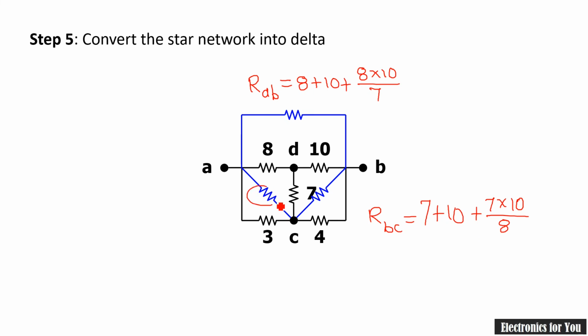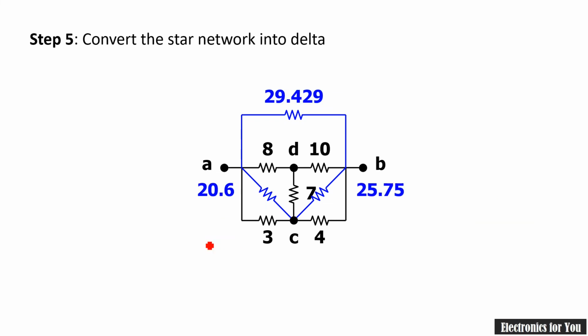Similarly for this resistance, now it's very easy, RAC equals 8 plus 7 plus 8 times 7 upon the third resistance of 10 ohm. Now you use a calculator and find the equivalent values, you will get this. Now as we have drawn the delta network, further I can remove this star network. So overall the network looks like this, and after step number 5 we will get this combination.